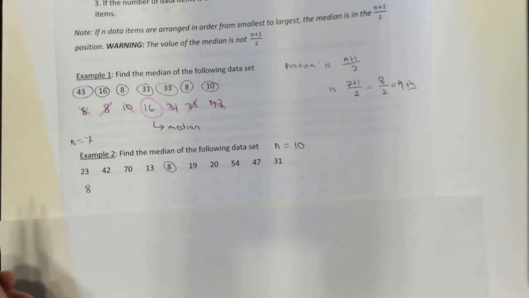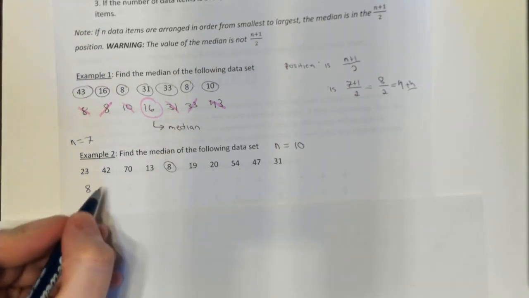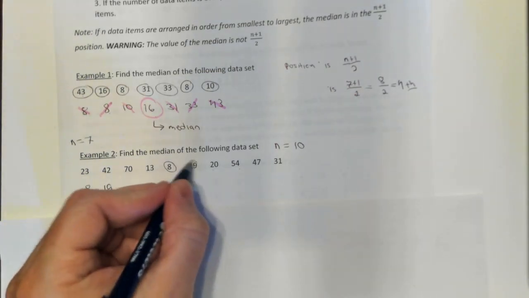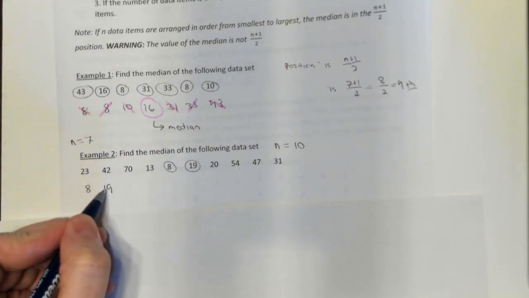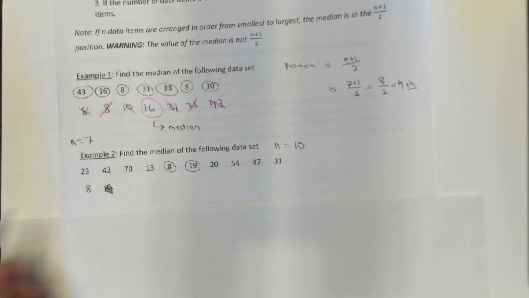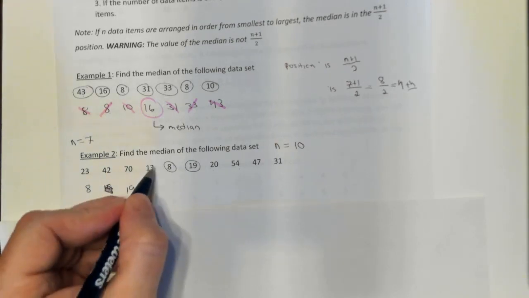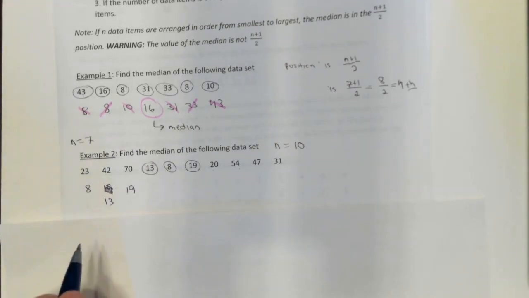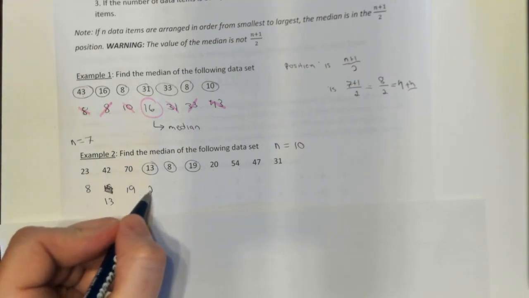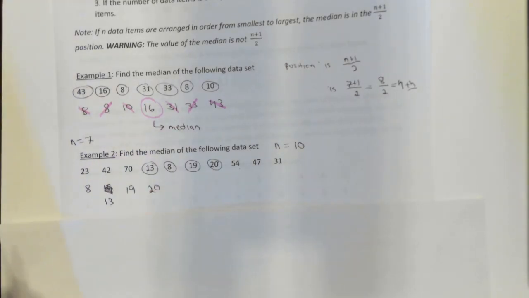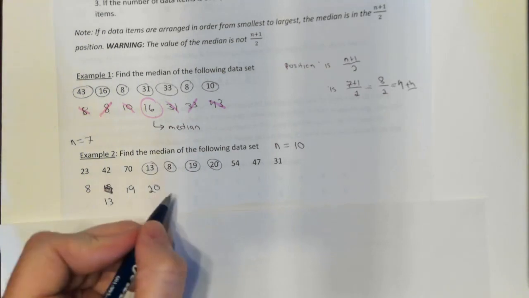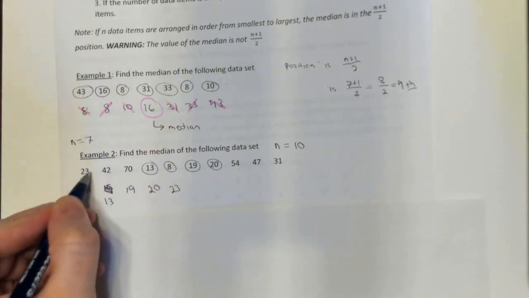All right, do I have any? Okay, we got 19. Oh, we got 13, so maybe I will just do that. 13, 19. Let's see, we got a 20. That has to be next. Any more 20s? 23.